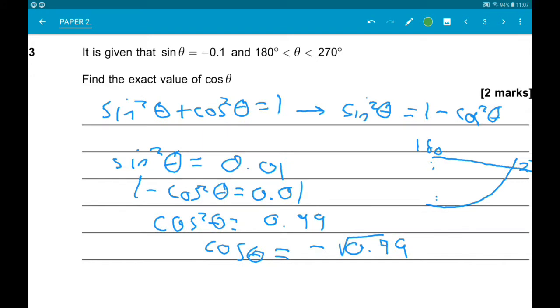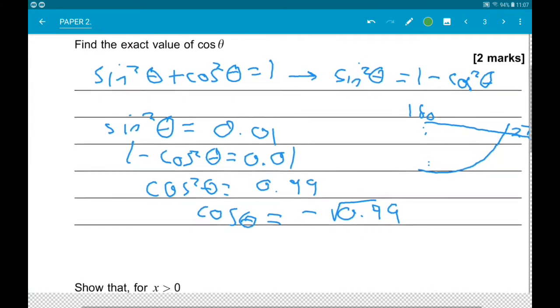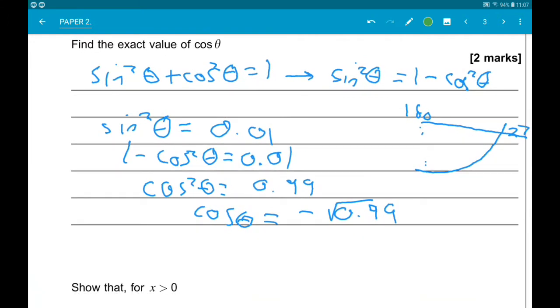Just a quick note on this one as well, if you're using the mark scheme, they don't have the answer in this form. What they've done is used 0.99, it's 99/100ths. So we have minus root 99/100ths.